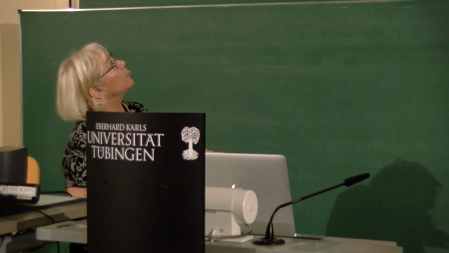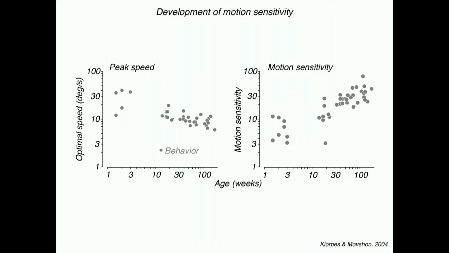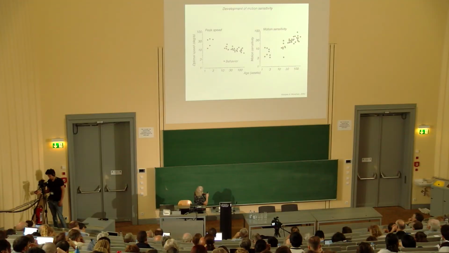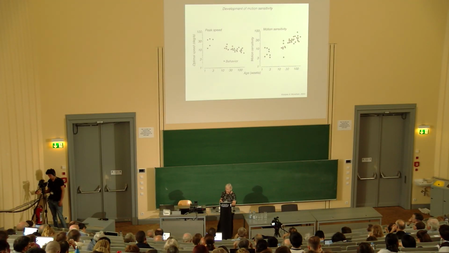And so we were interested to look at the whole profile of this in a group of animals and then try to relate this to the development of processing in area MT. And over here, what I'm showing you is 2 aspects that change, both the peak speed that I mentioned and also sensitivity to coherence as a function of age for a whole group of infant monkeys. And again, you see these developmental profiles that continue over a long period of time.